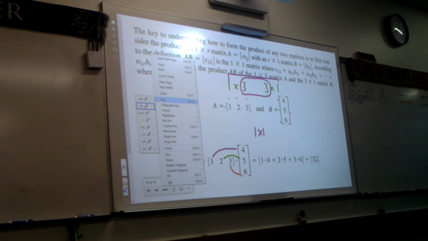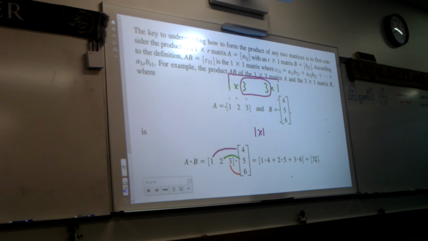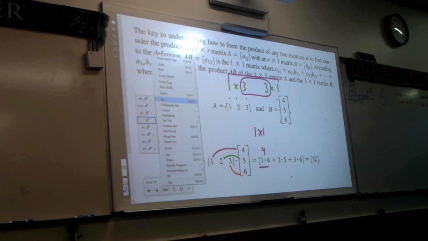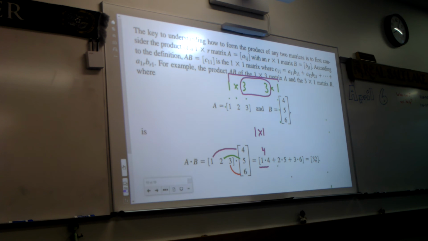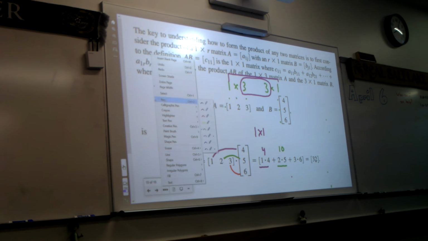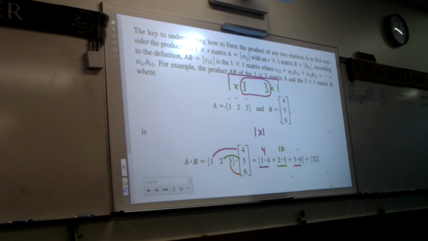I'm trying to color coordinate this. 1 times 4 is just 4. Okay, so I've got 4 right there. Then we're going to do 2 times 5, which is 10. And then lastly, we're doing 3 times 6, which is 18. If I do 4 plus 10, I get 14, and 14 plus 18 is 32.